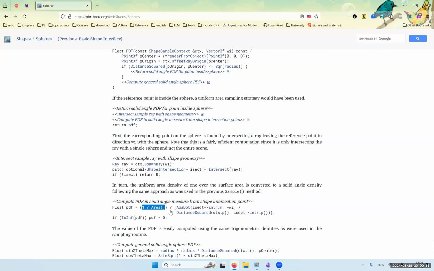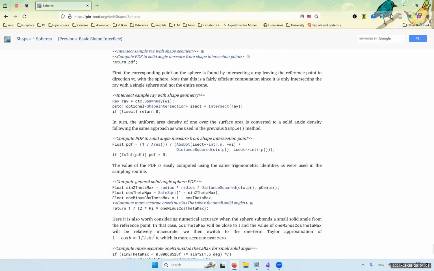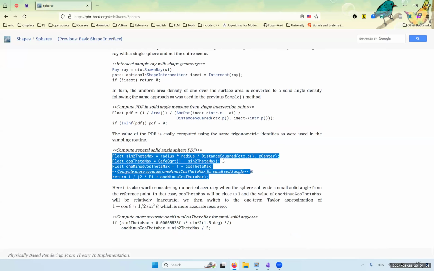Yeah, 1 over area. The value of the PDF is easily computed with the same trig identity. I don't want to read this anymore.